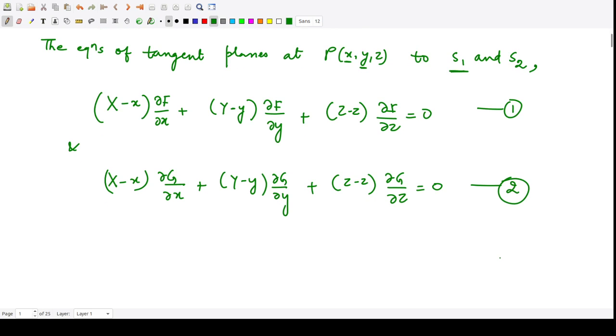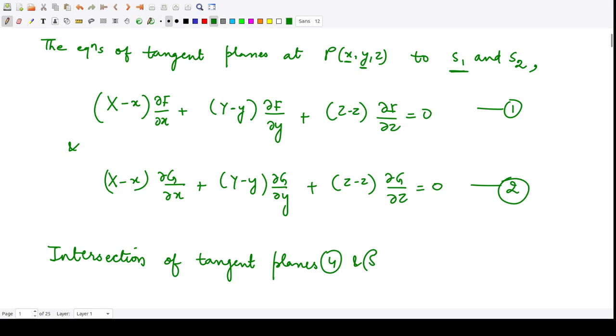Now if we calculate the intersection of these two tangent planes at the point P of x y z, that would be the equation of the tangent line.